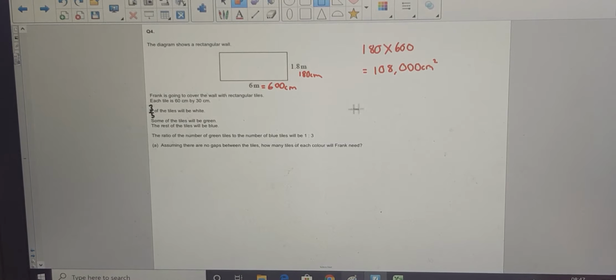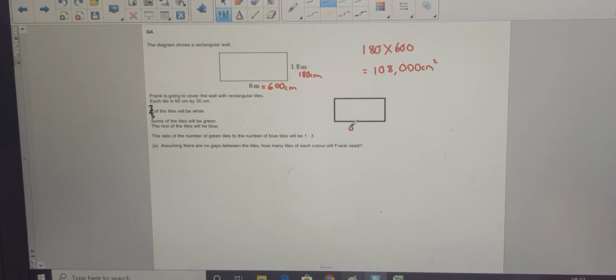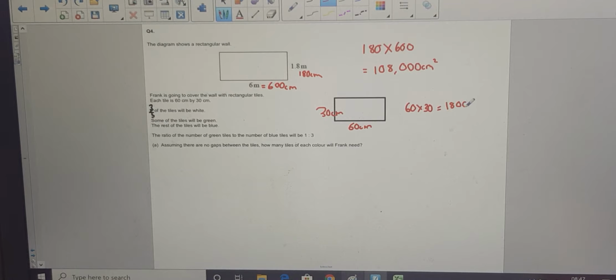So each tile is going to be 60 centimeters by 30 centimeters. So each tile takes up an area of 1,800 centimeters squared.